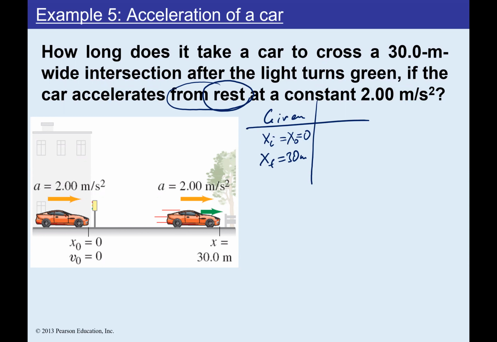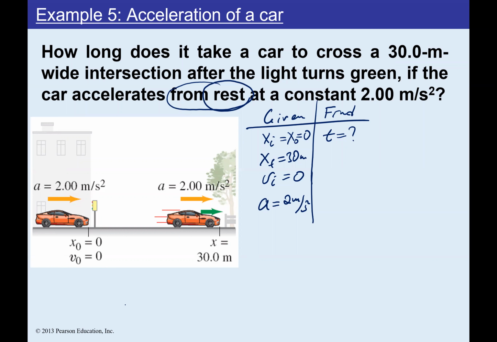What does it mean? Well, it means that it was at rest to start with. That means initial velocity here is 0. Now, we're also given that acceleration is 2 meters per second squared. And what we want to find is basically how long it takes. That means we want to find the time. Now, here's what I have.